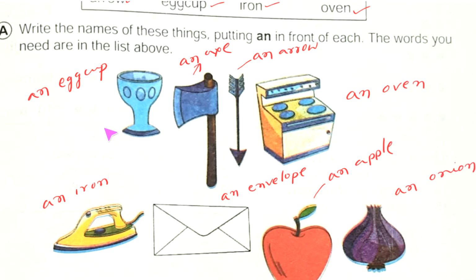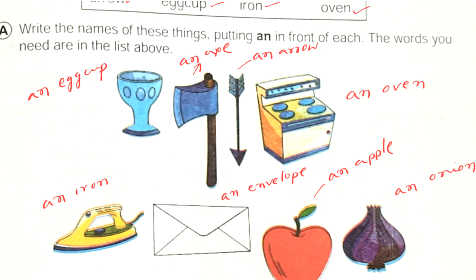If you give attention in this place, you will find the words what we have used here. See, this word a cup has started E, X has started A, arrow has started with A, oven with O, iron has started with I, envelope has started with E, okay, and apple has started with A and onion with O. You just keep remember, if you find a word has started with this, it is called actually vowel.